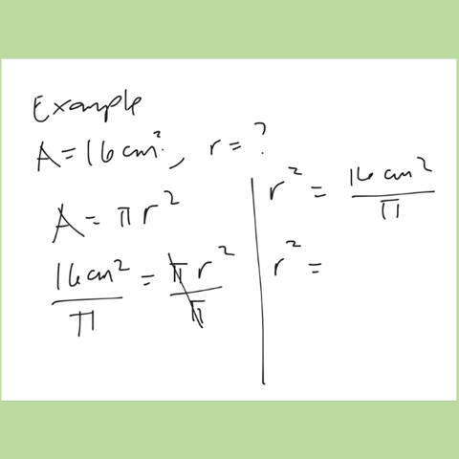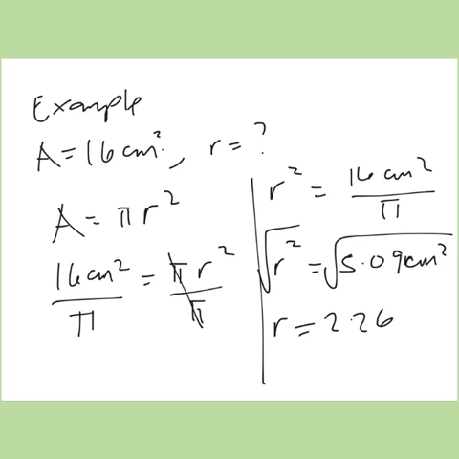So r squared equals 5.09 centimeters squared. So 16 centimeters squared divided by pi, which is 3.14, is 5.09 centimeters squared. To get the value of our radius, get the square root of both sides. So r equals 2.26 centimeters. This is now the measure of a radius of our circle having an area of 16 centimeters squared.